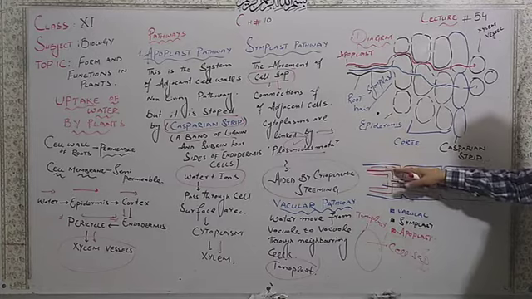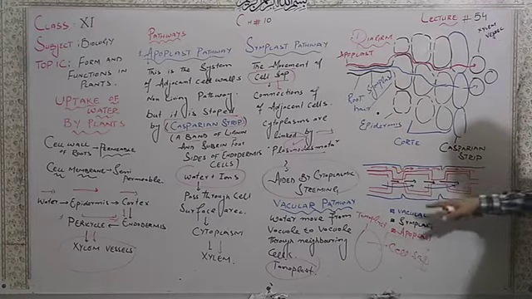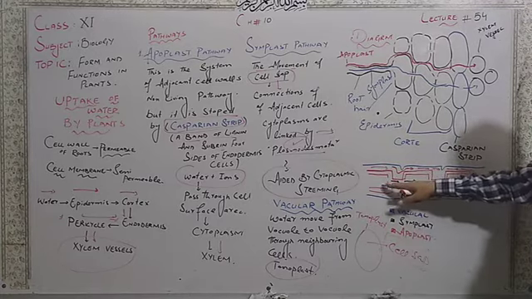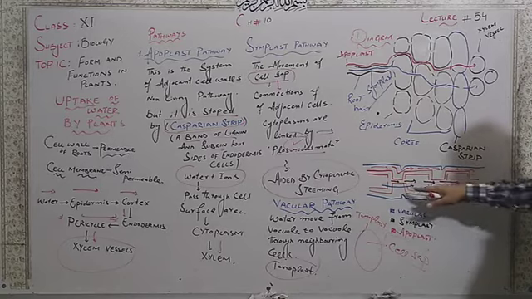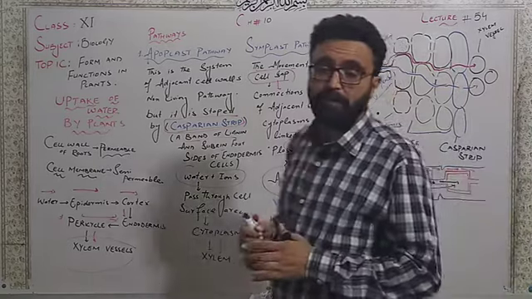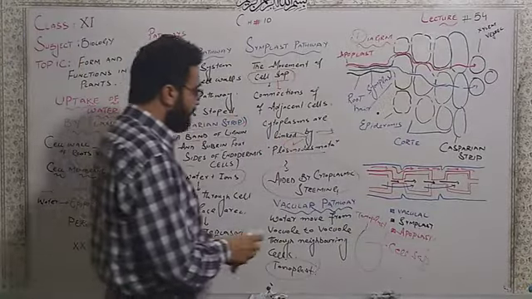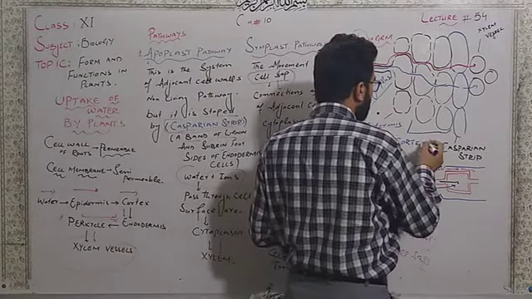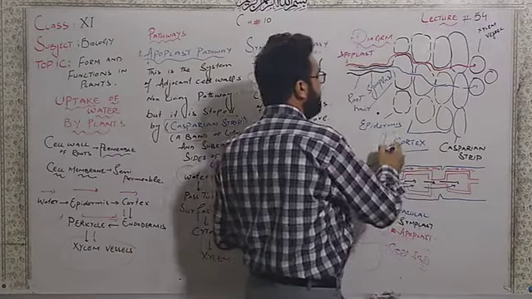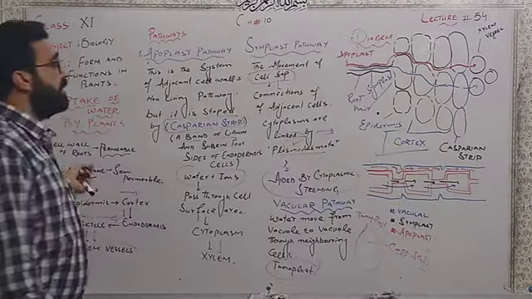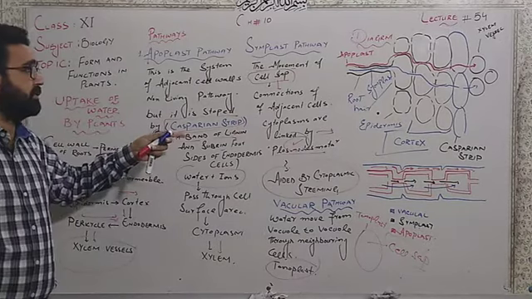If water is moving in the intercellular spaces, then this is the apoplast pathway. And if it is vacuole to vacuole, then this is called the vacuolar pathway. In that way, the water molecules move from the root hairs, from the soil, to the xylem.